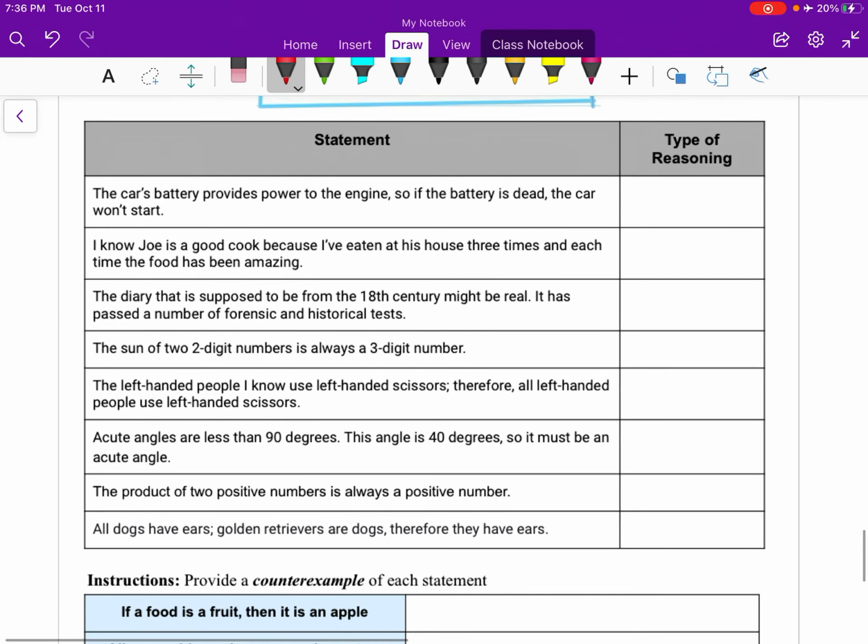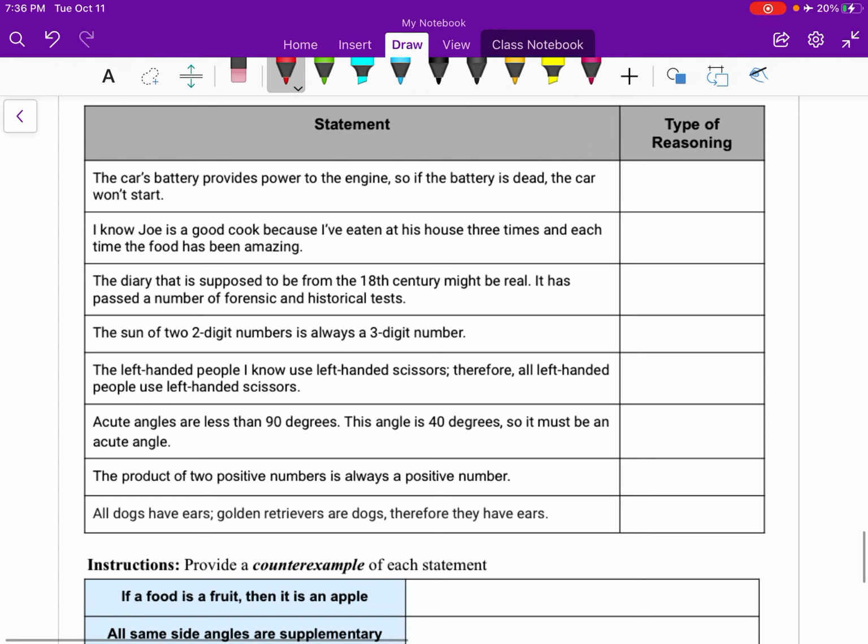So let's go through the following statements and determine if they are inductive reasoning or deductive reasoning. Let's start by reading the first statement. The first statement says, the car's battery provides power to the engine. So, if the battery is dead, the car won't start.